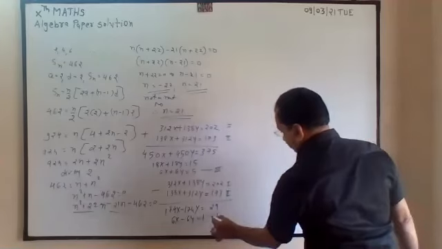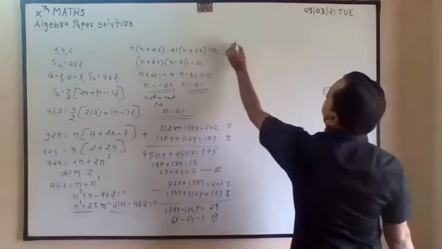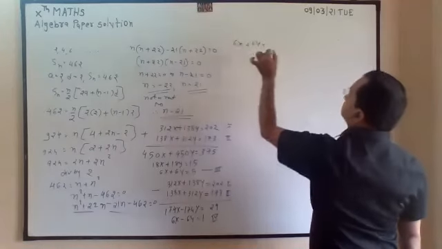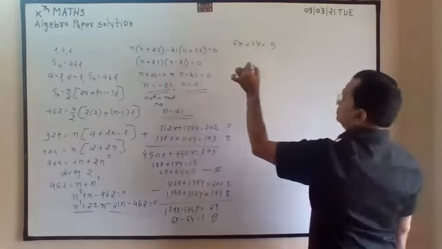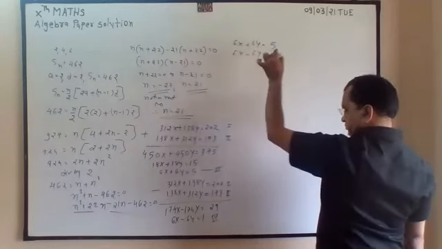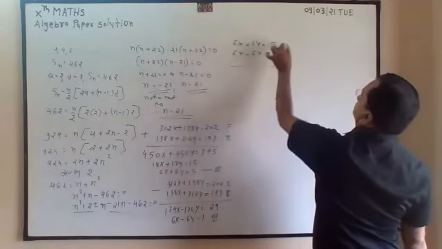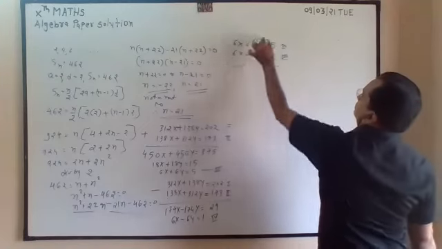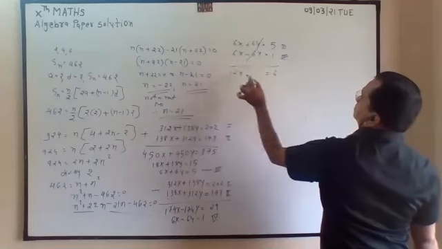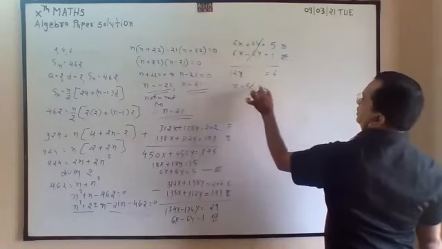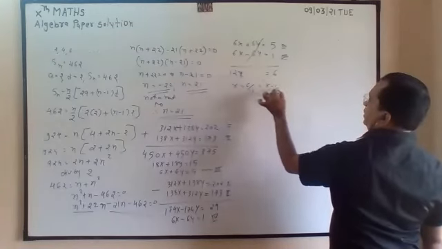Now this is equation 4. So x is equal to 6 by 12. So x is equal to half.